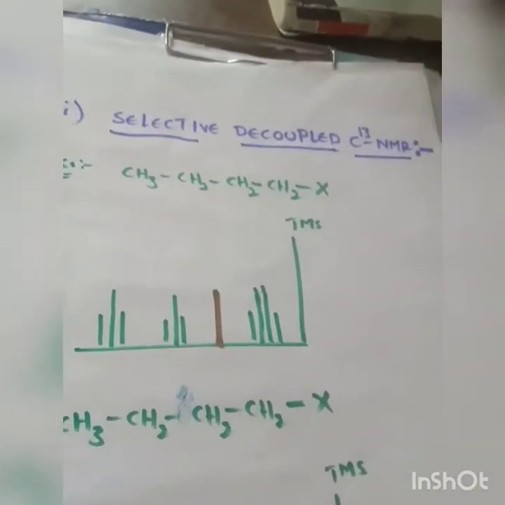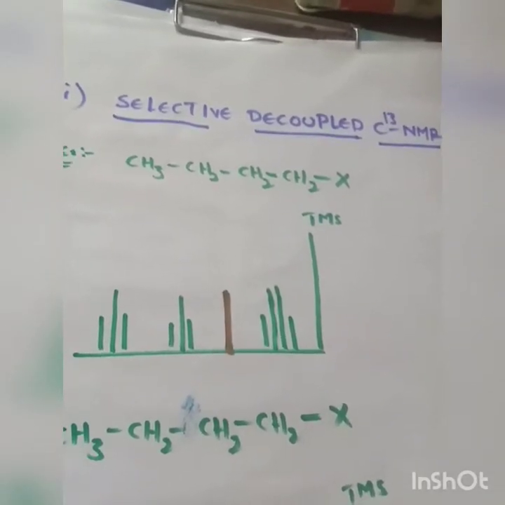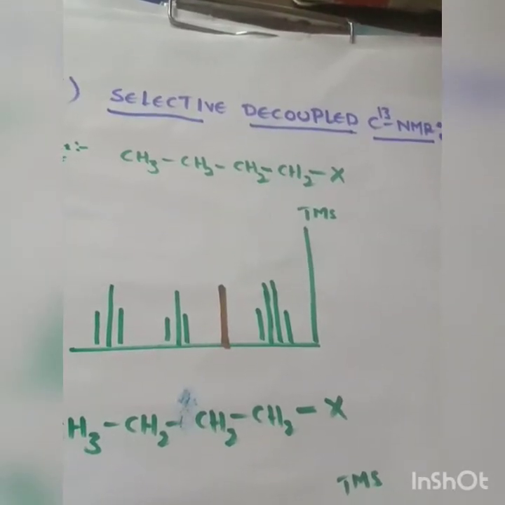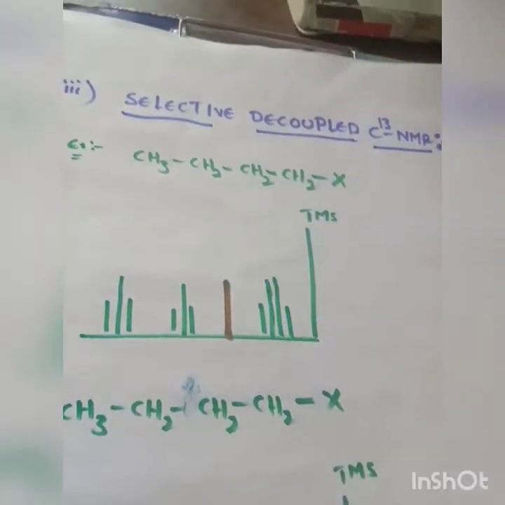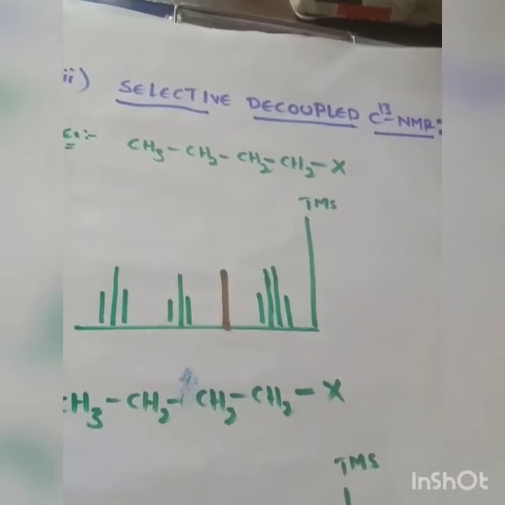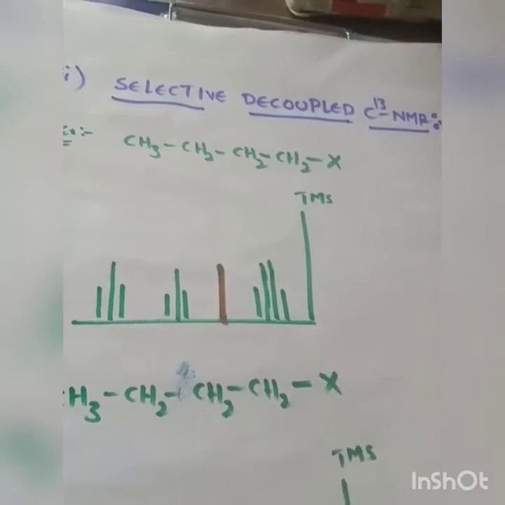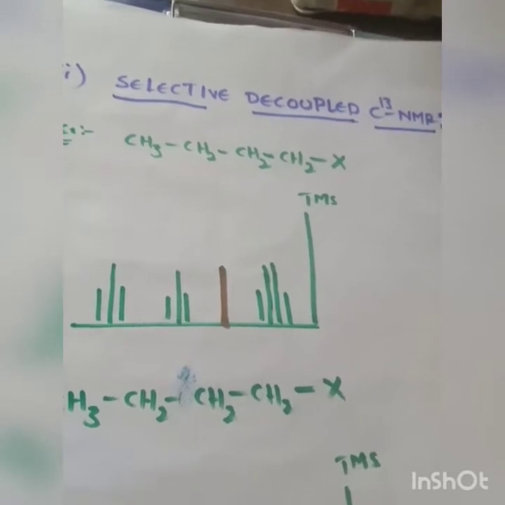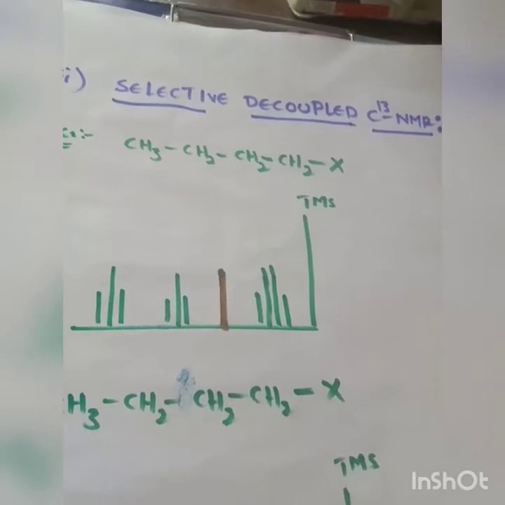The selective decoupling can be carried out only in the presence of different types of non-equivalent carbon sets. By choosing a specific carbon group in the molecule for decoupling, all other carbon groups retain coupling.